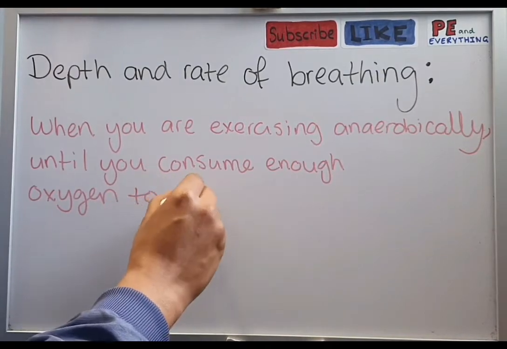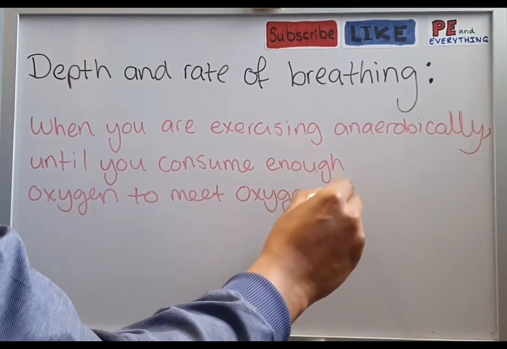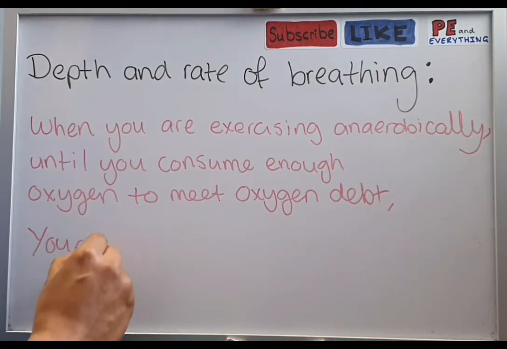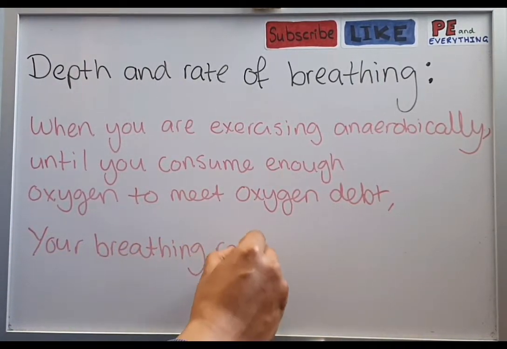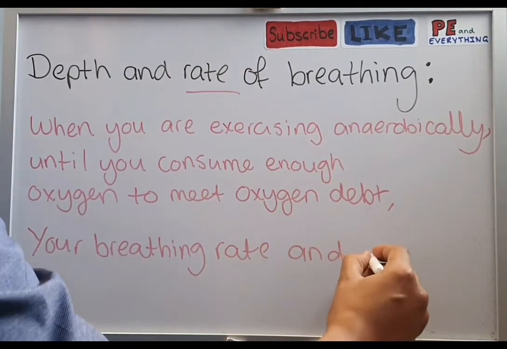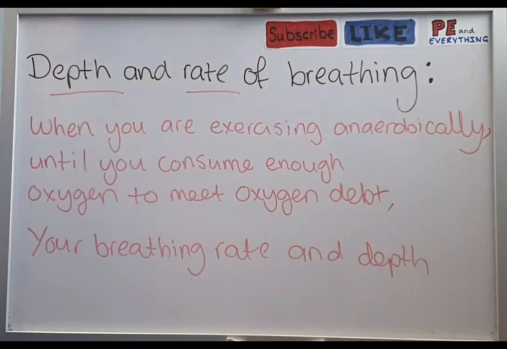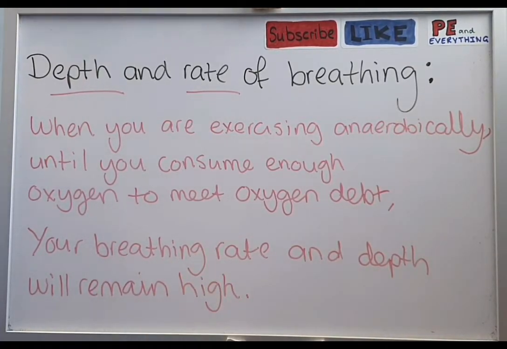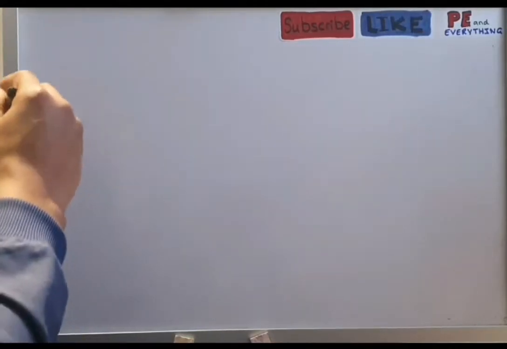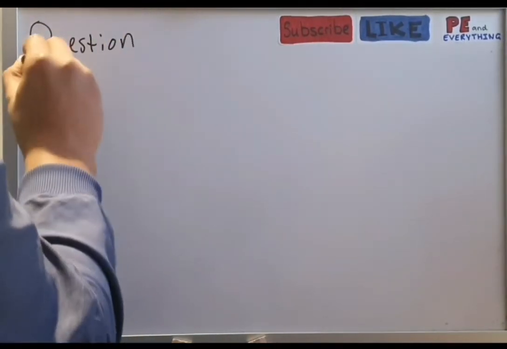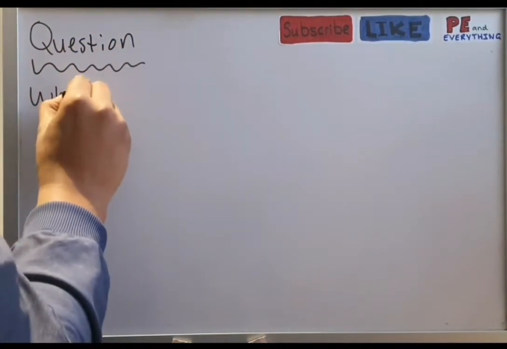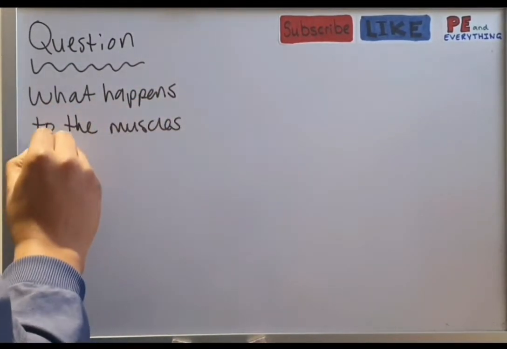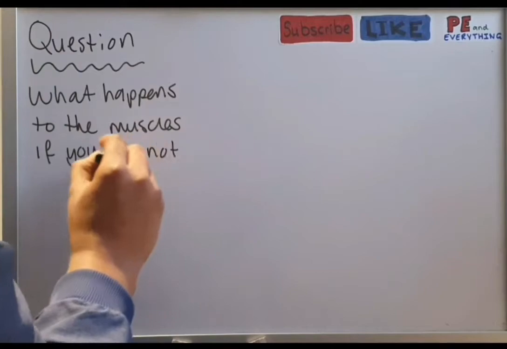So, when you are exercising anaerobically, until you consume enough oxygen to meet oxygen debt, your breathing rate and depth will remain high. Okay, so if you can just go over these things, it will help you to remember the short-term effects of exercise. Okay, so we're going to move straight into a question.